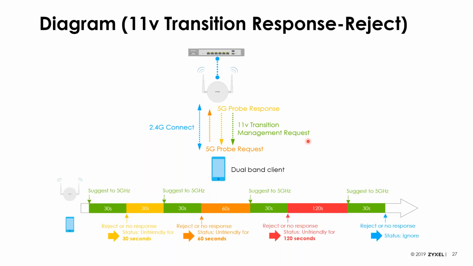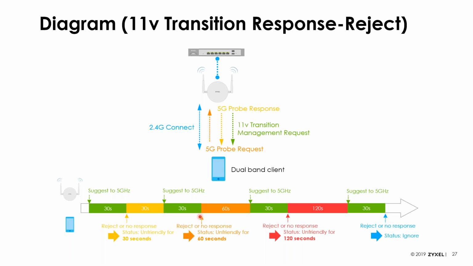What if it's not successful? So the process is exactly the same, sending a transition management request for the client to move to 5 gigahertz. It waits for 30 seconds for the client to either reject or give no response at all. So if the client does not talk back to the AP at all, then it tries again after 30 seconds.